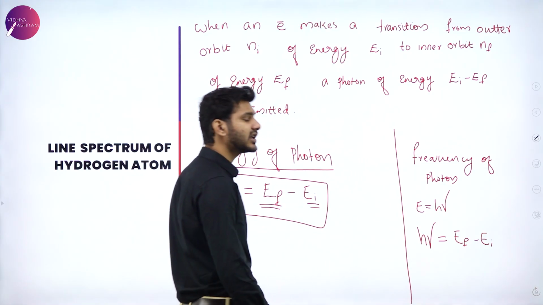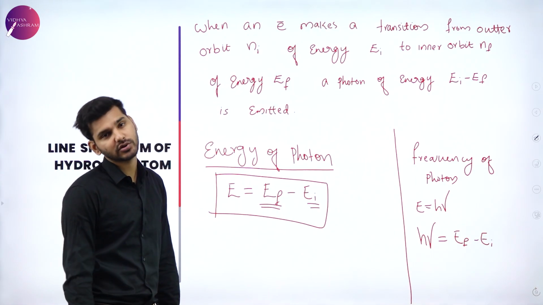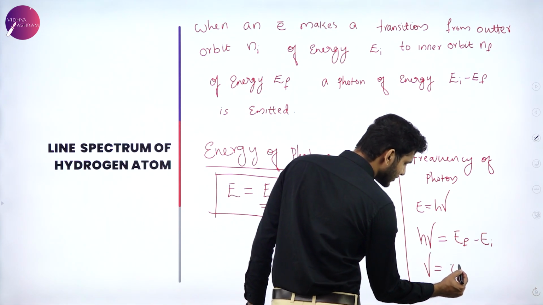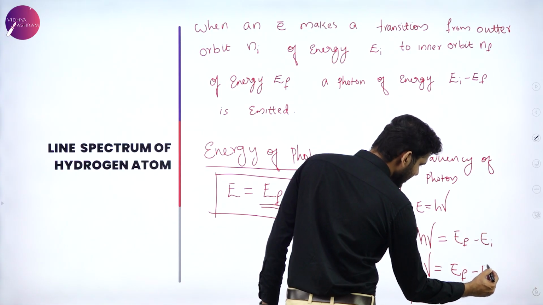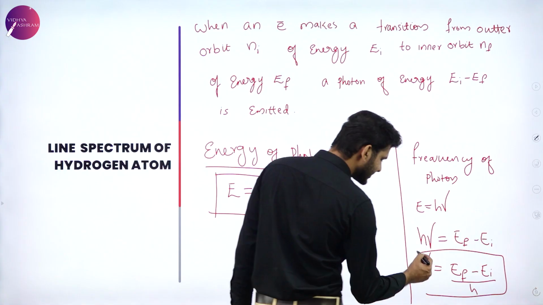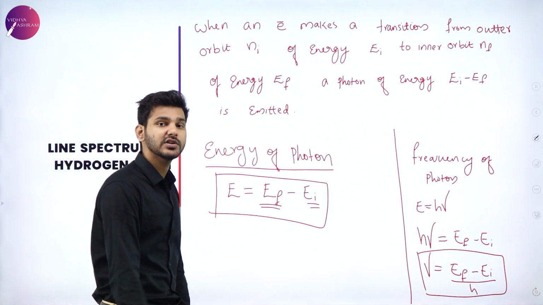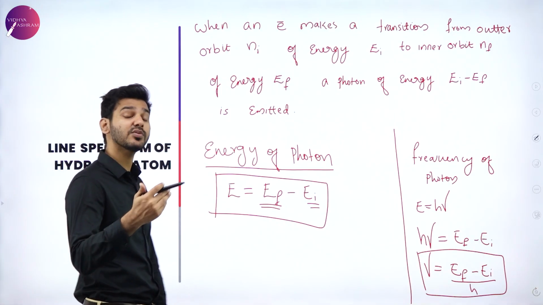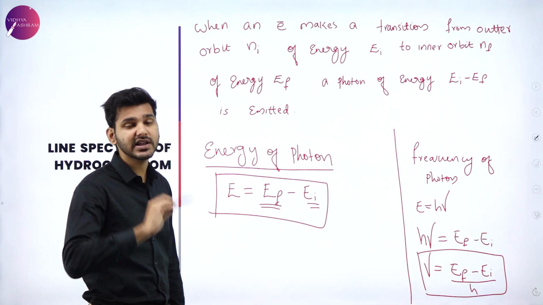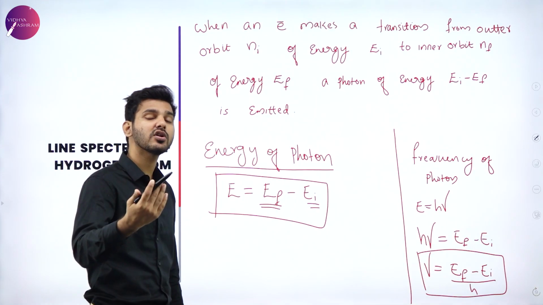From this equation, we can even find the frequency of the emitted photon, which is equal to EF minus EI divided by h, where h is Planck's constant. So we know the energy of the emitted photon and its frequency range, which means we can predict where the frequency range will be, what kind of photon will be emitted.